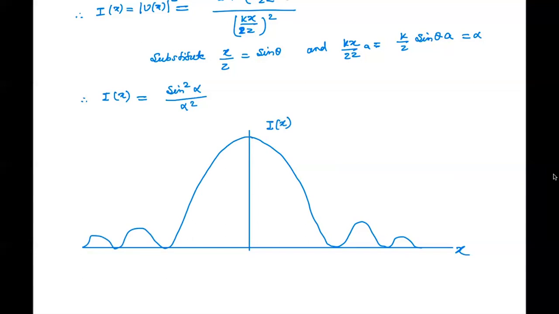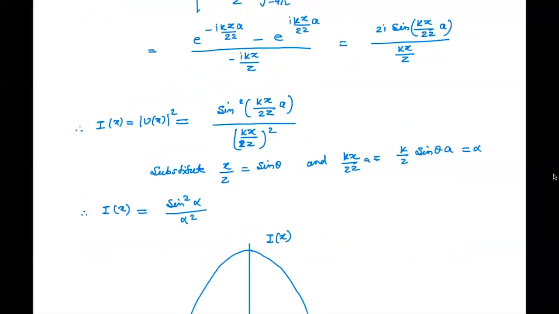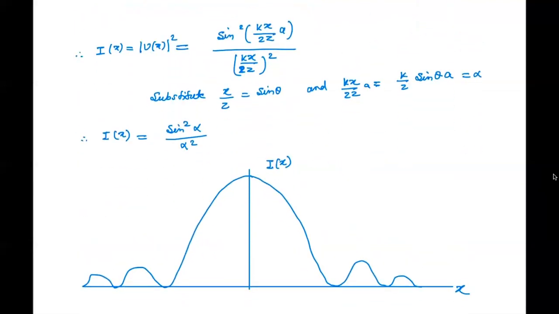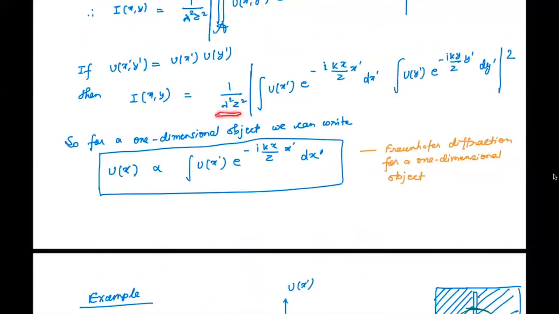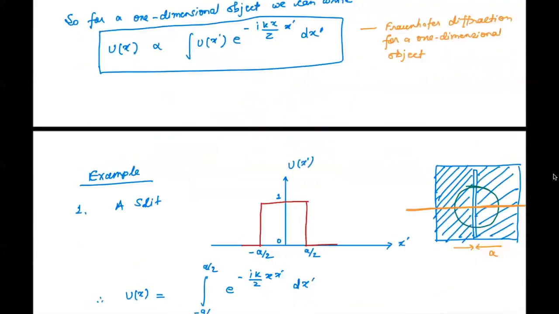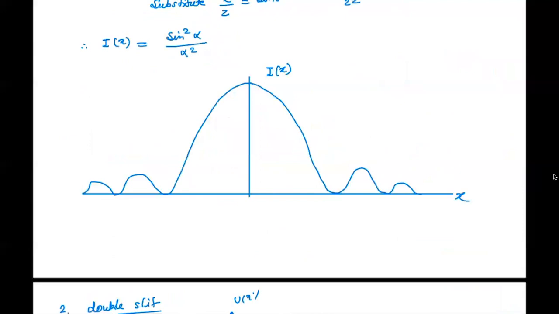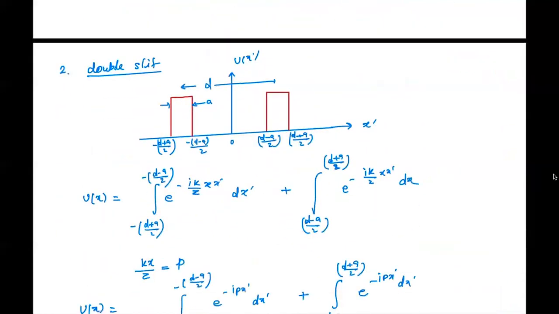So this is the diffraction pattern due to a single slit. Again, there was this lambda squared z squared, so that will expand the whole diffraction pattern as we go in z. But we are not looking at this. We are right now just focusing on the functional dependence of the pattern, and this will be the functional dependence of the pattern. Fantastic. Let's do the double slit as a second example.